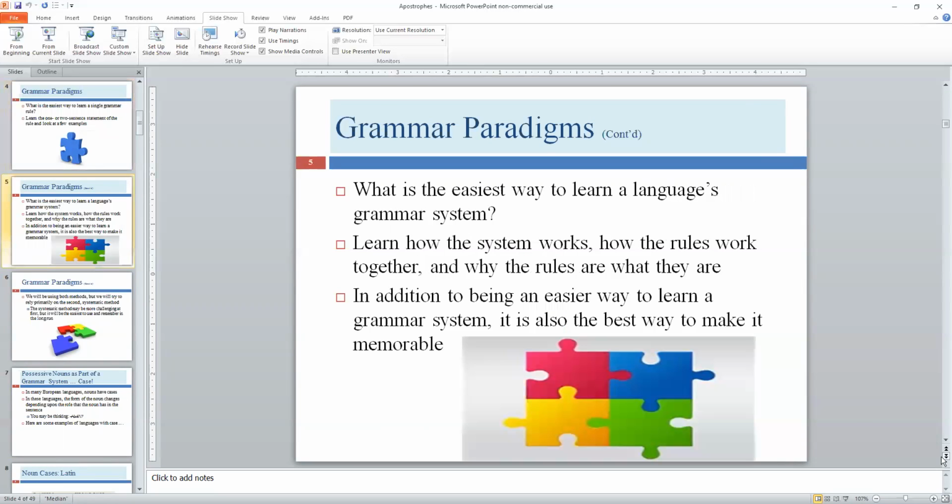But to really have a deep and robust and functioning understanding of grammar, you have to have that 50,000 feet view, looking at the grammar map, looking at all the different pieces and how they work together. I'm going to call this a grammar paradigm. You could also call it a grammar map if that makes more sense to you.